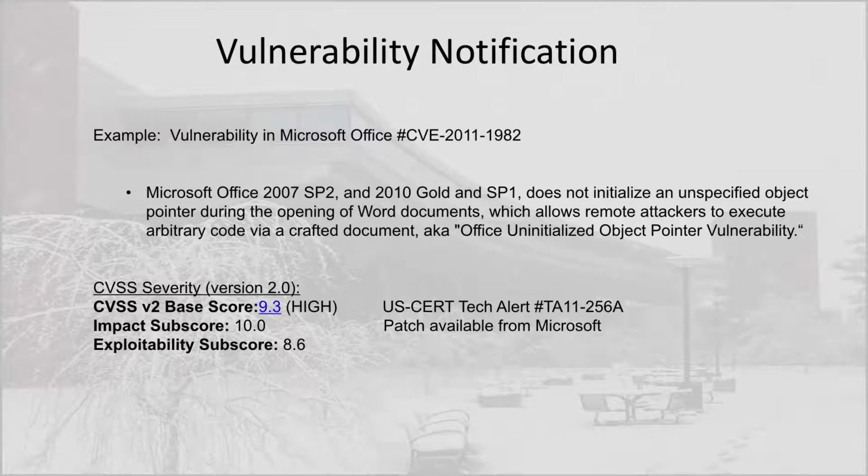It has a CVSS base score of 9.3, which means it's very high, an impact subscore of 10, meaning the impact is the maximum, i.e. root access, and an exploitability subscore of 8.6, meaning that it is easy to craft an exploit.